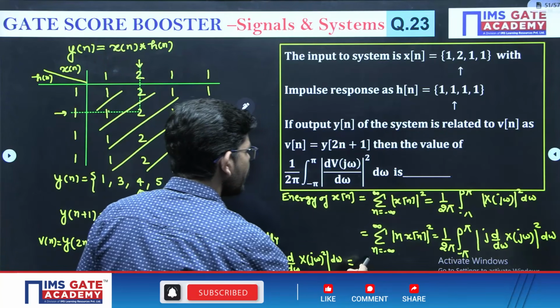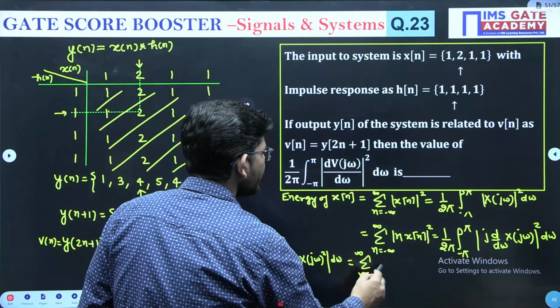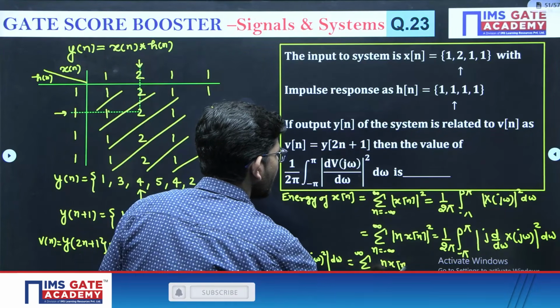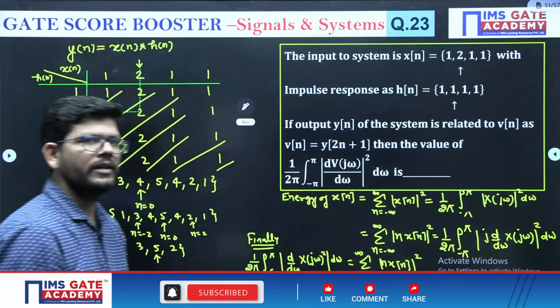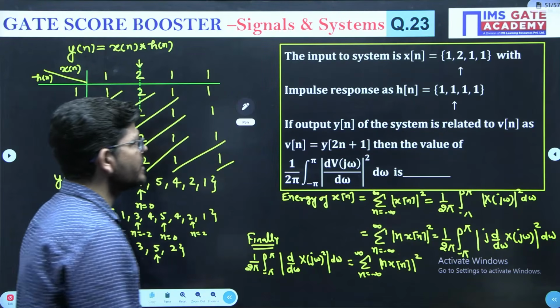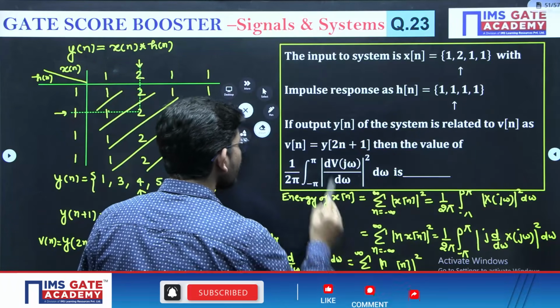This is equal to summation n equals minus infinity to plus infinity n x of n square, right? Now instead of x we have v here, so let me replace x by v, right?